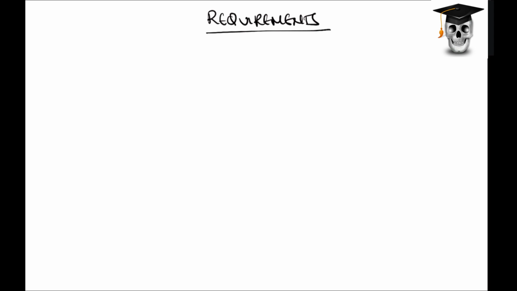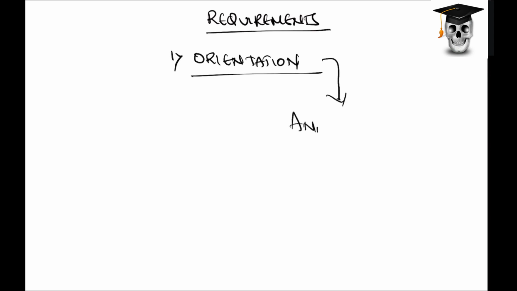Okay, good. So what are the requirements when we are doing osteology? The first and foremost requirement is orientation. We have to orient ourselves with how the bone lies in our body. This orientation will give you what we call the anatomical position.